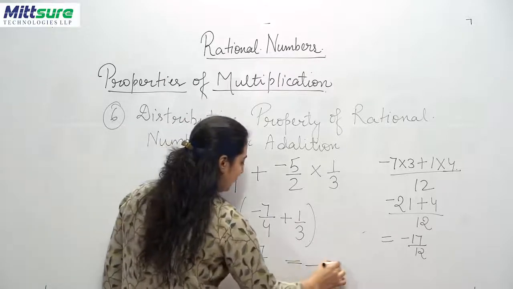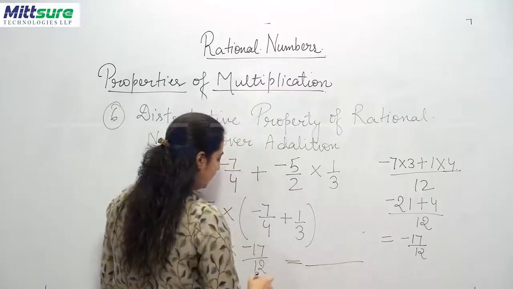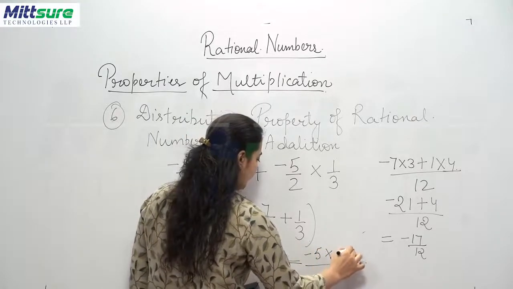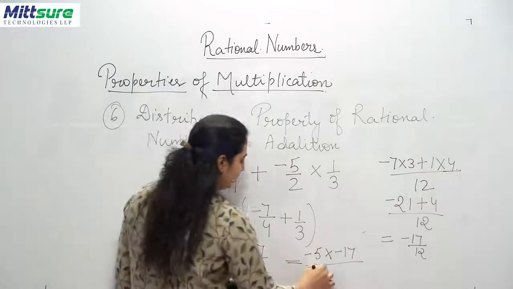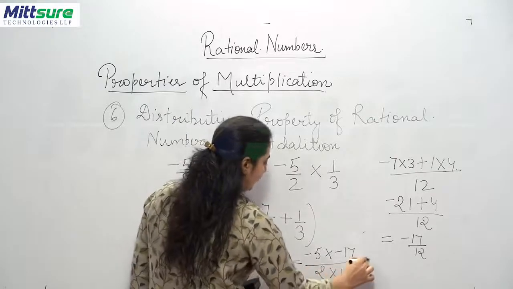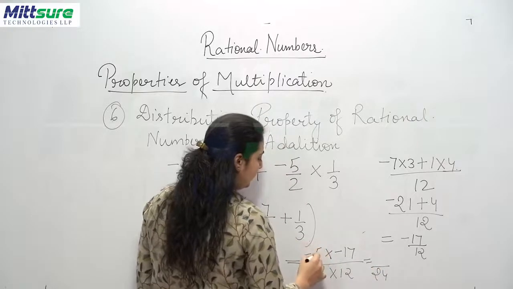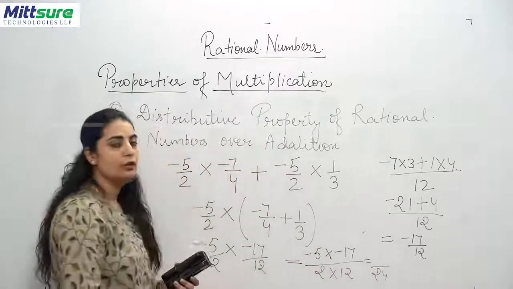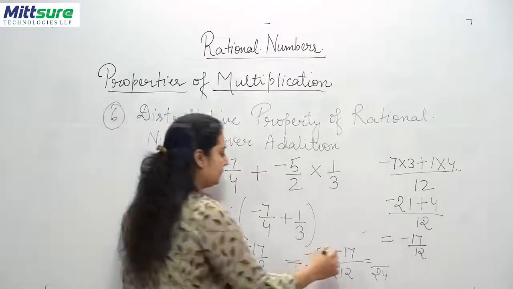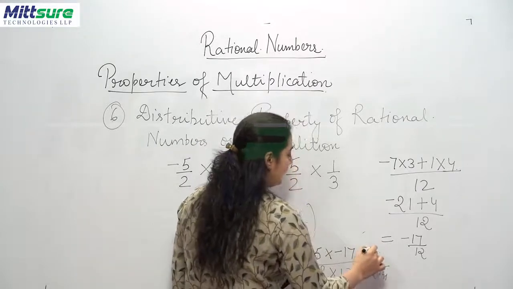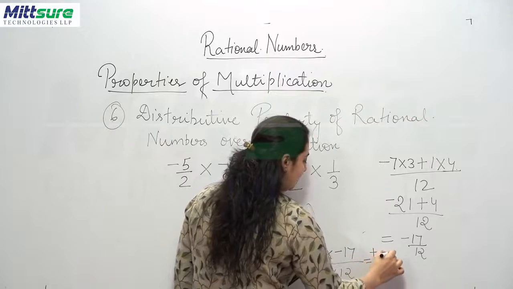Now you are going to multiply the numerator with the numerator, minus 5 into minus 17, and the denominator with the denominator, that is 24 in the denominator. Minus 5 into minus 17 will be plus 85.